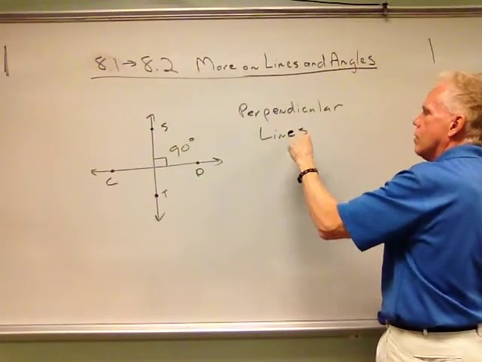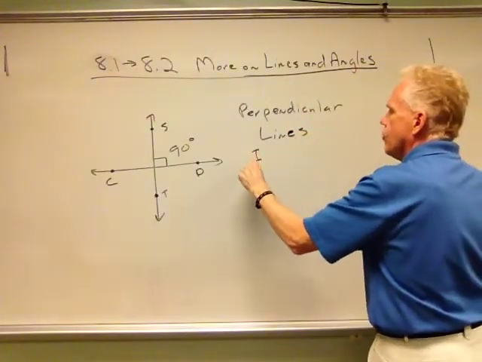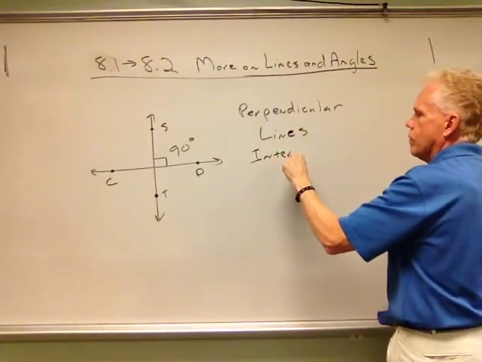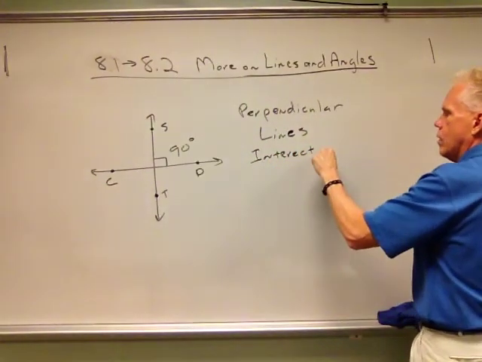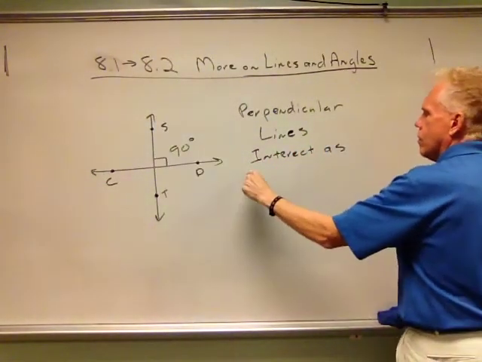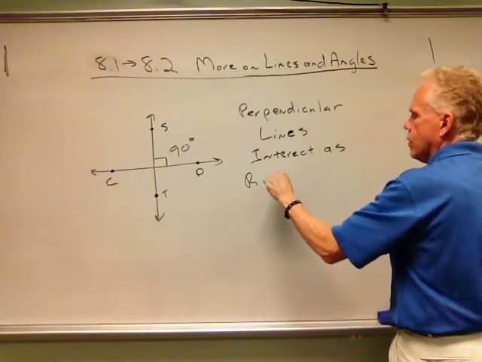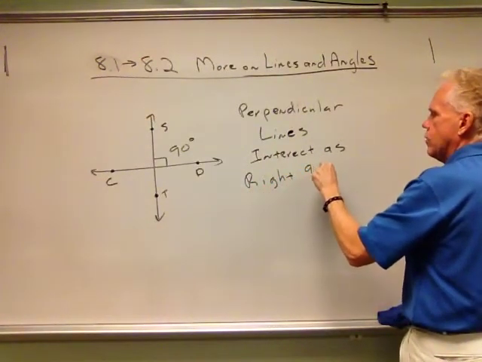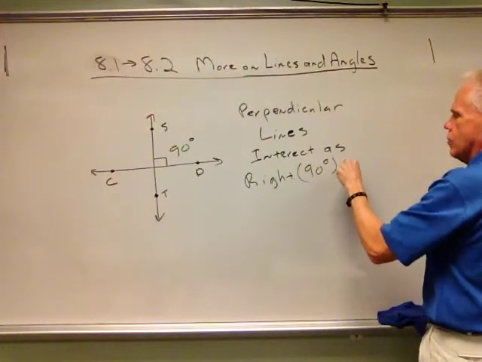Perpendicular lines intersect at right, that is 90-degree, angles.